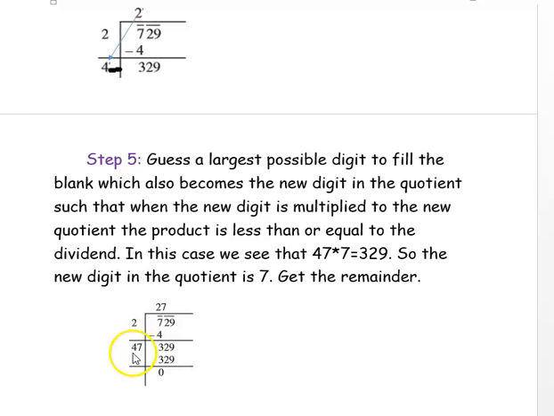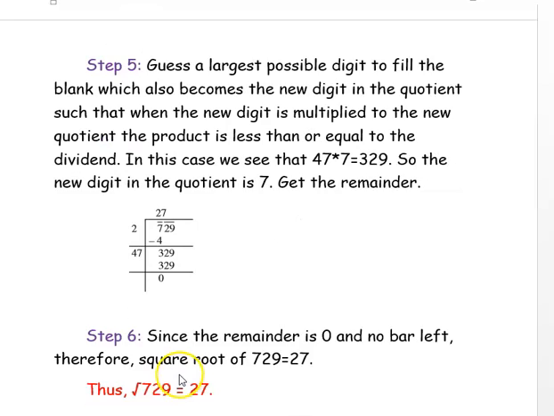So I have tried and I get the number 47 and the new quotient digit 7. So 47 into 7, that is 329. So I have written 329 here and I have subtracted to get the remainder. So here the remainder is 0. There is no bar left in the given question. So we can say that the square root of 729 is 27.